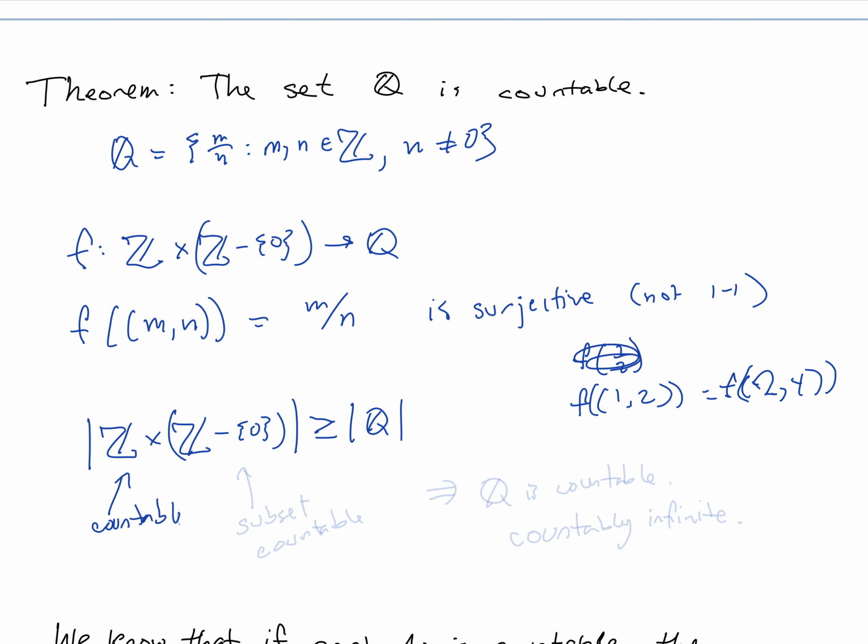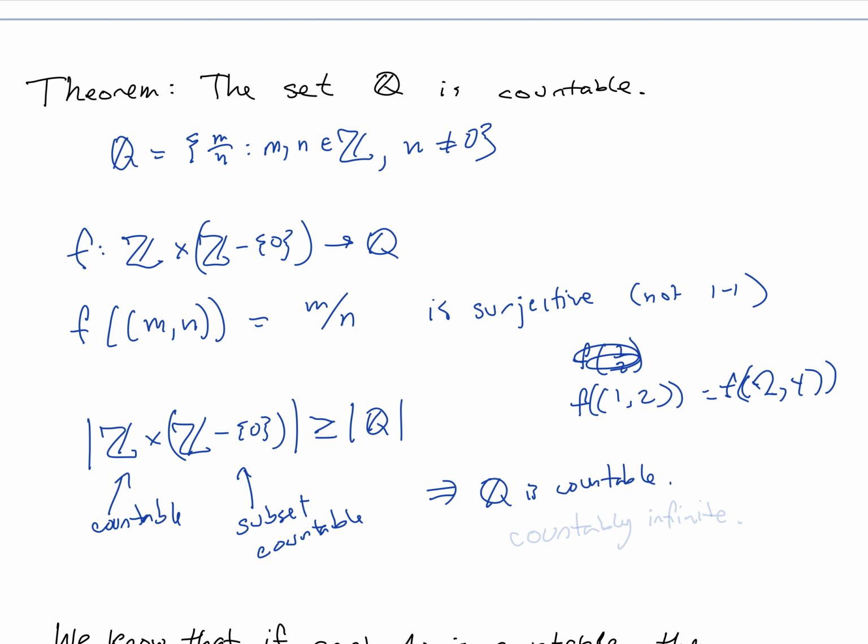We proved in the last video that the set of integers is countable, that there's a bijection between the set of natural numbers and the set of integers. Actually, I believe showing that that's a bijection is a homework problem. And so if that's countable, a subset of that is also countable. So we've got this set is countable, has cardinality greater than or equal to the set of rational numbers, and therefore Q is countable.